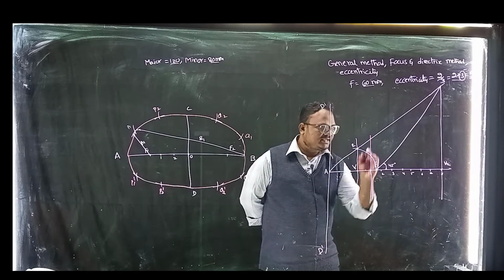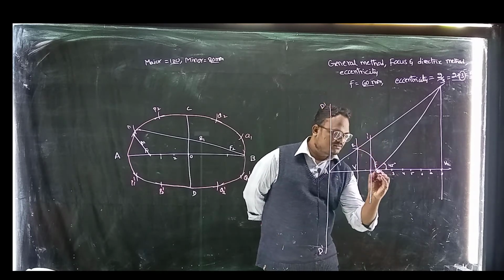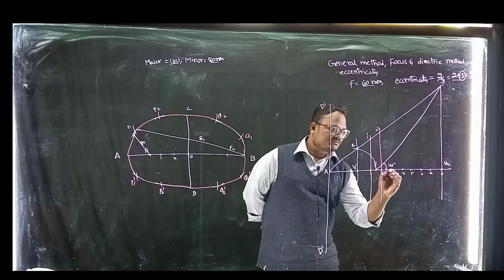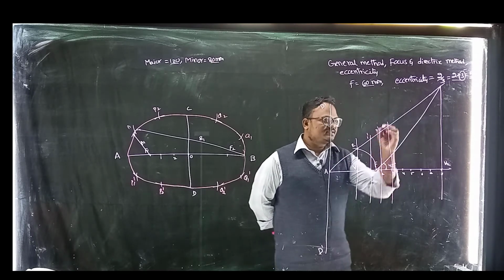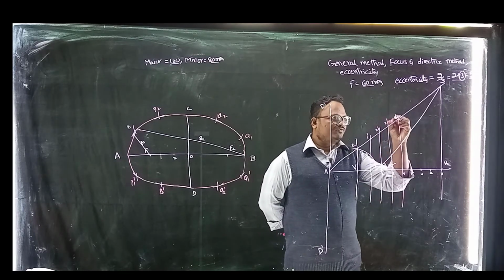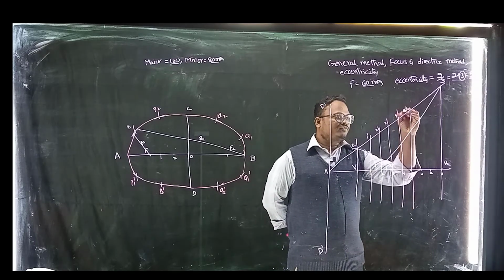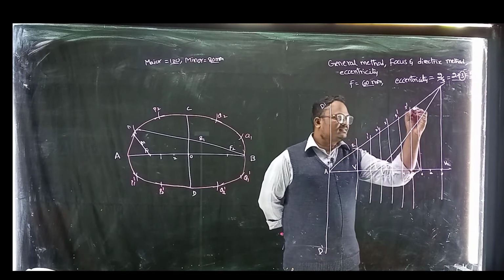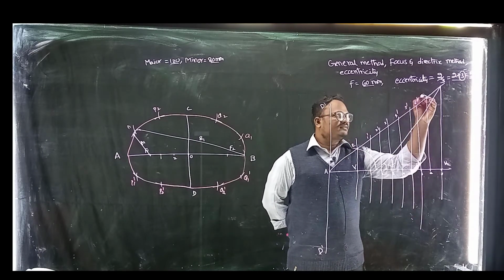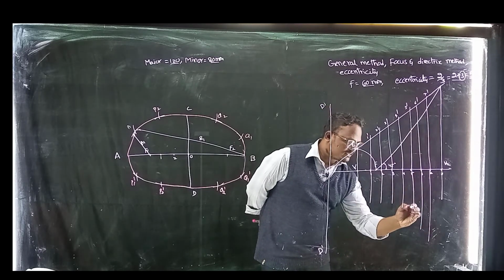This vertical line touches the inclined line somewhere, that is 1 dash. This is 2 dash, 3 dash, 4 dash, 5 dash, 6 dash, 7 dash. Just project like this.